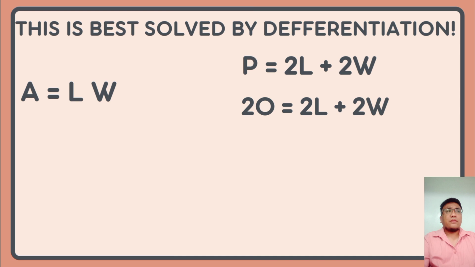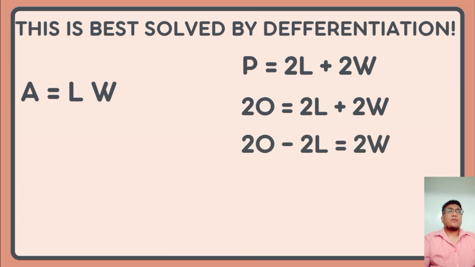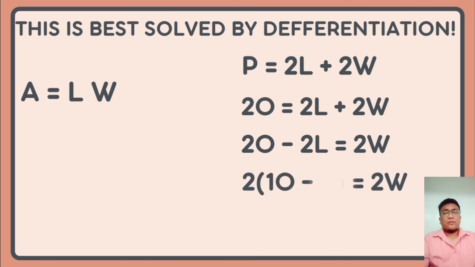And then we can transpose 2L so that we can get the value of W in terms of L. So we factor out 2, and it becomes 10 minus L equals W. So we can cancel out 2. And now we have a relationship between the width and the length.